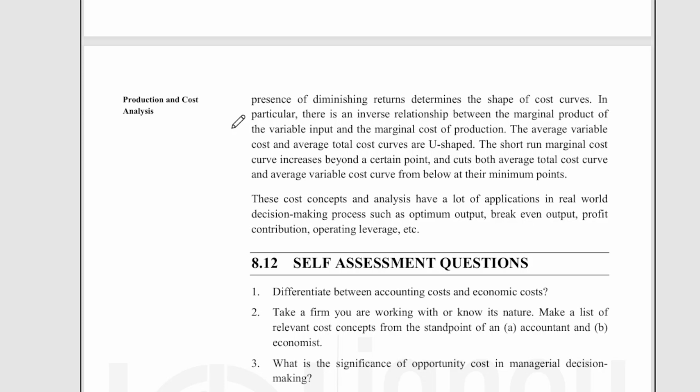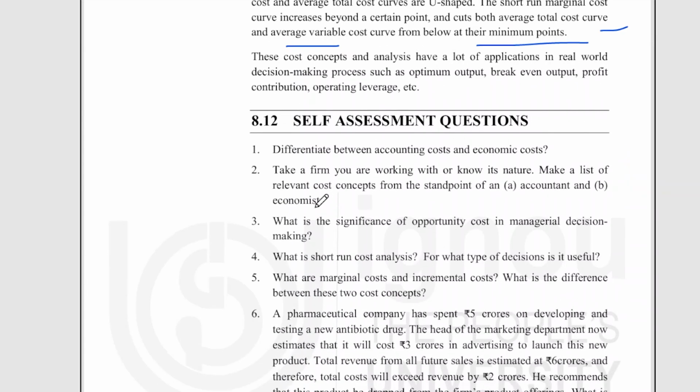The average variable cost and average total cost curves are U-shaped. The short run marginal cost curve increases beyond a certain point and cuts both the average total cost curve and average variable cost curve from below at their minimum point. And these cost concepts and analysis have a lot of application in the real world, in decision making processes such as optimum output, break even output, profit contribution, operating leverage, etc.